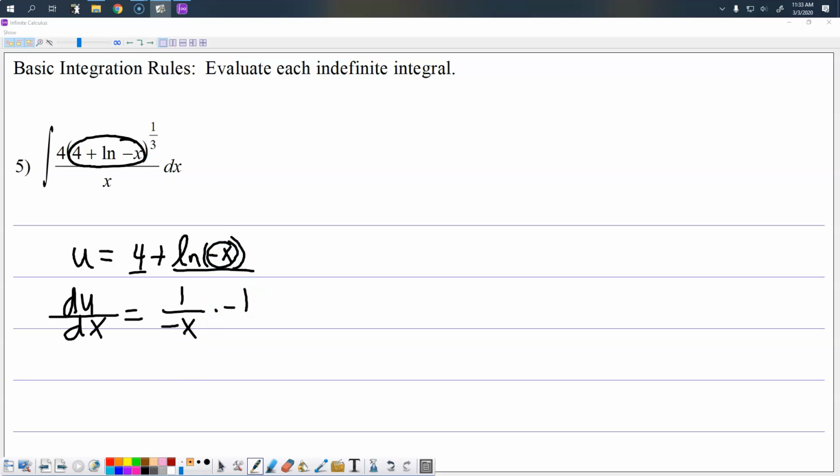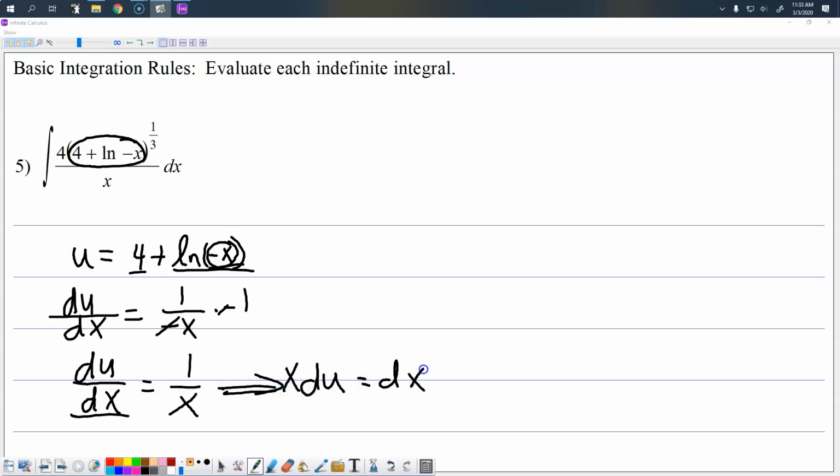So it's like a chain rule there. The derivative of the outside is 1 over the inside, and then the derivative of the inside is negative 1. So these negatives just cancel each other out, leaving us with this. So the next thing we're going to do is get dx by itself, and if you cross multiply, you would end up with du times x is equal to dx.